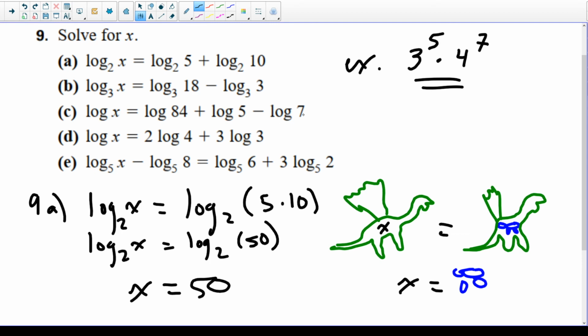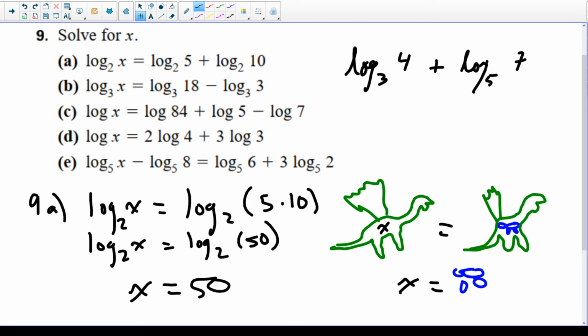But as far as I know, what you might have to do, actually, I'm just thinking of something here, and I might be completely off. I'm sure somebody will correct me if I am. If you had log base 3 of 4 plus log base 5 of 7, for instance, you could use a change of base formula to change both of these to a log of base 10.